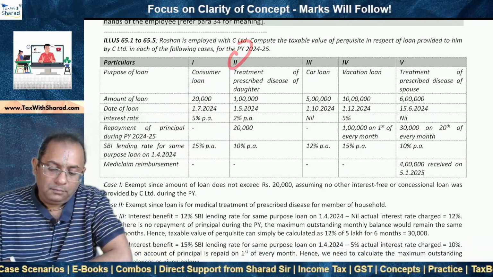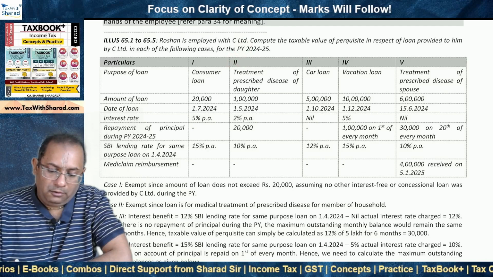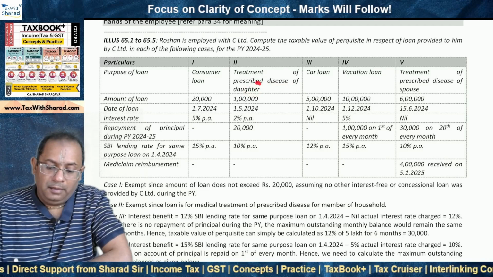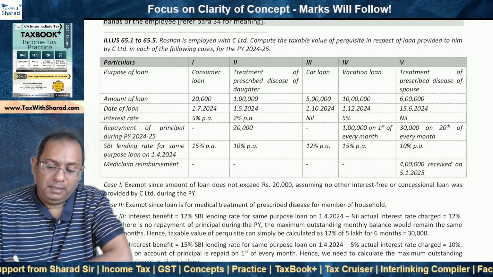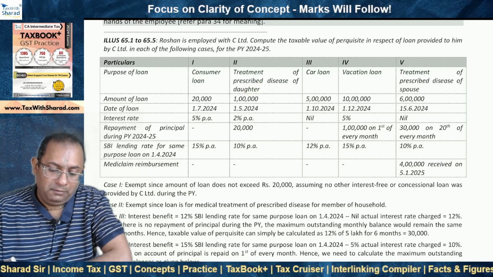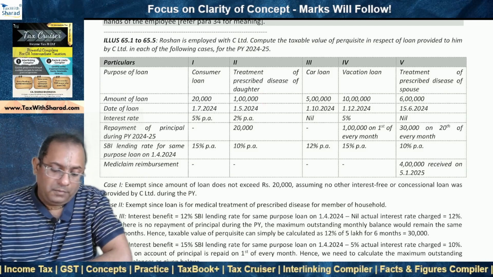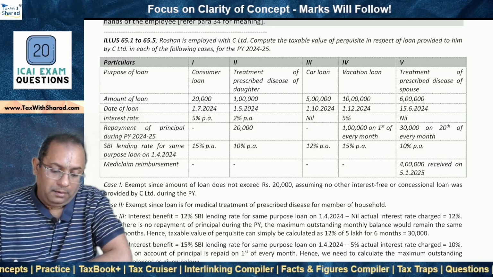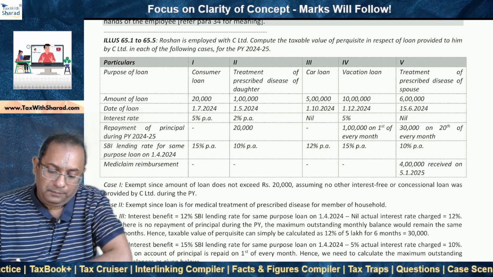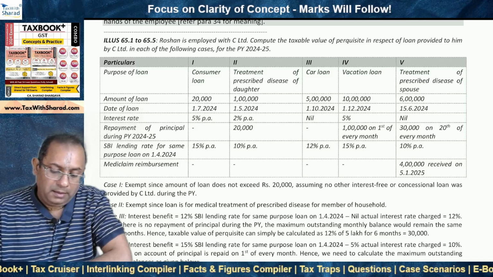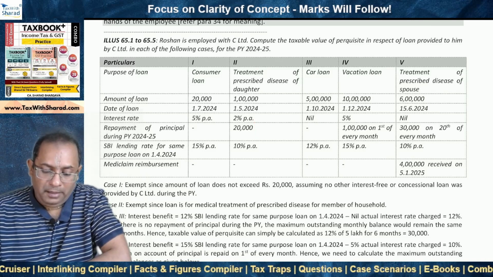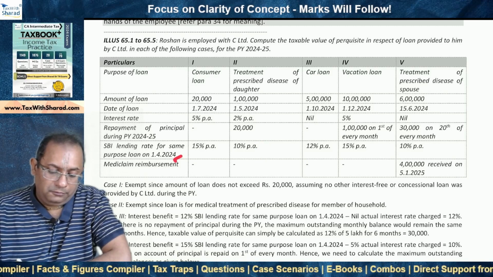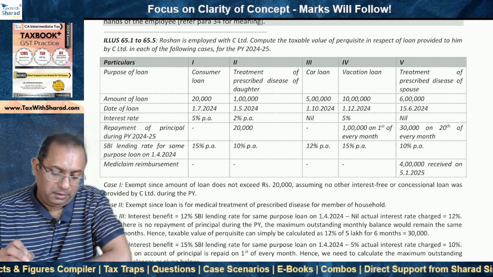Case 2. Loan has been taken for treatment of prescribed diseases of daughter. Now daughter is a member of household. Medical treatment, prescribed disease, so that medical treatment exemption will apply. 1 lakh loan given on 1st May 2024 at 2% per annum, and during the previous year only 20,000 has been repaid out of 1 lakh, and the SBI lending rate on 1st April 2024 is 10% per annum.